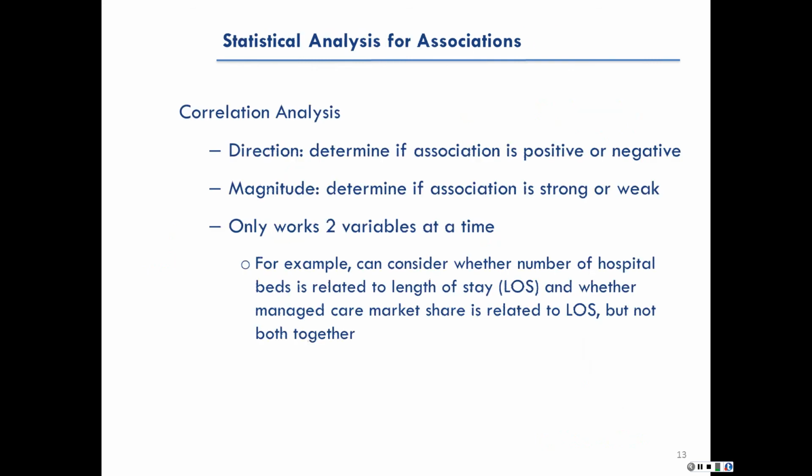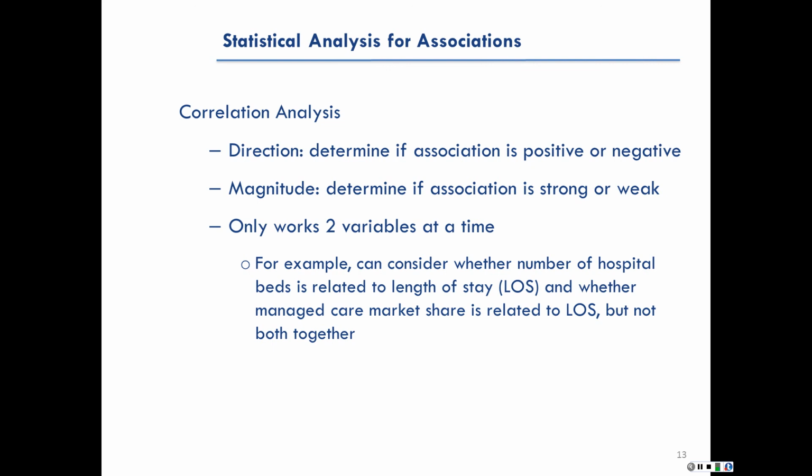So now let's talk about statistical analysis for association. The main analysis is correlation analysis. Correlation analysis provides us with two pieces of information. First is the direction of the association: is the association positive or negative? Second is the magnitude of the association.